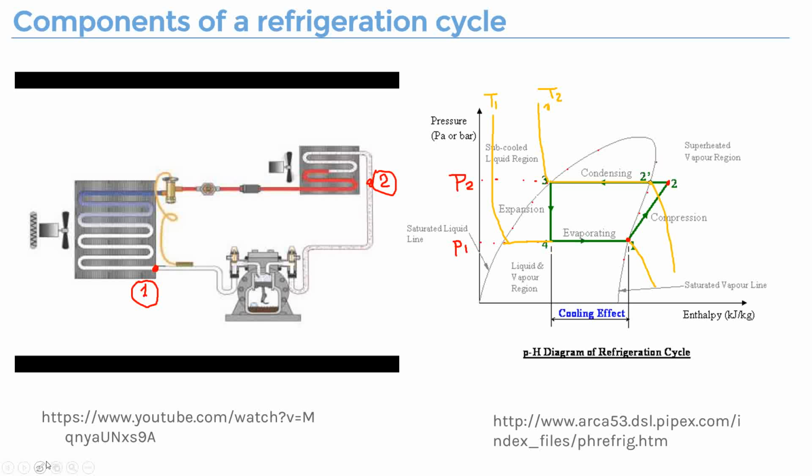So this part is what I mentioned earlier. I was saying every dot on this line represents a saturated state. On the left-hand side, inside this space, it's the subcooled region, and on the right-hand side, it's the superheated region. In the middle, it's a mixture of both liquid and gas. So you could see in the middle, the temperature is constant.